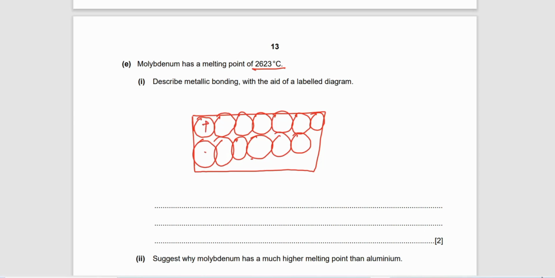So plus charge will be there on these, plus 6 charges, because they lose 6 electrons. So when each atom loses 6 electrons, those electrons will be moving freely in the spaces between the cations.